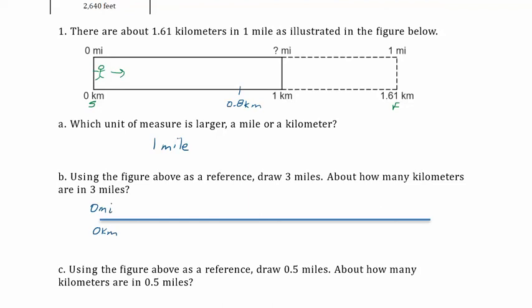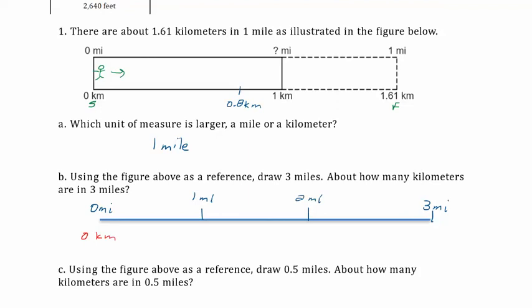And I want to draw 3 miles. So this will be 1 mile, 2 miles, 3 miles. And we can draw our kilometers on the bottom. Maybe we'll do that in a different color. Let's do red. So 0 kilometers.